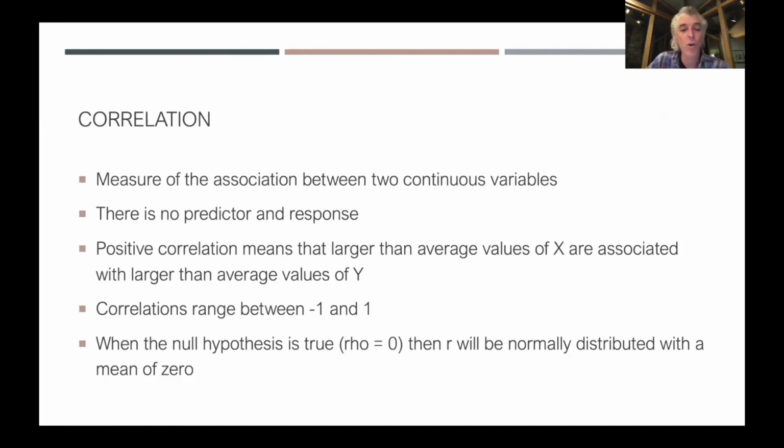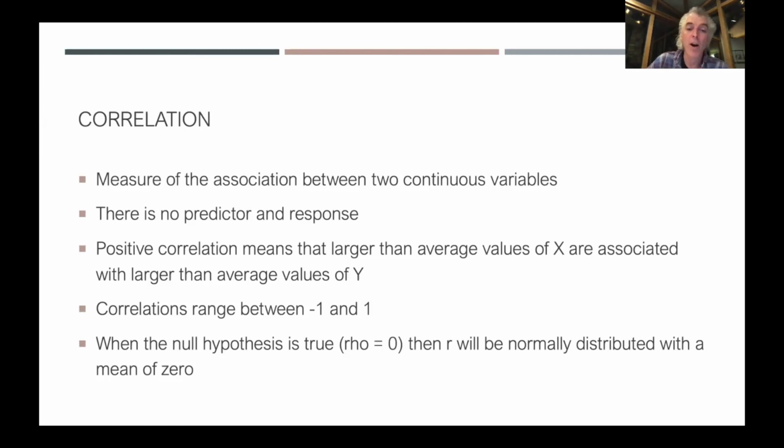A positive correlation means that larger than average values of X are associated with larger than average values of Y, whereas a negative correlation means that larger values of X are associated with smaller than average values of Y. Correlations are defined to range between -1 and 1, where a value of 0 represents no correlation at all.